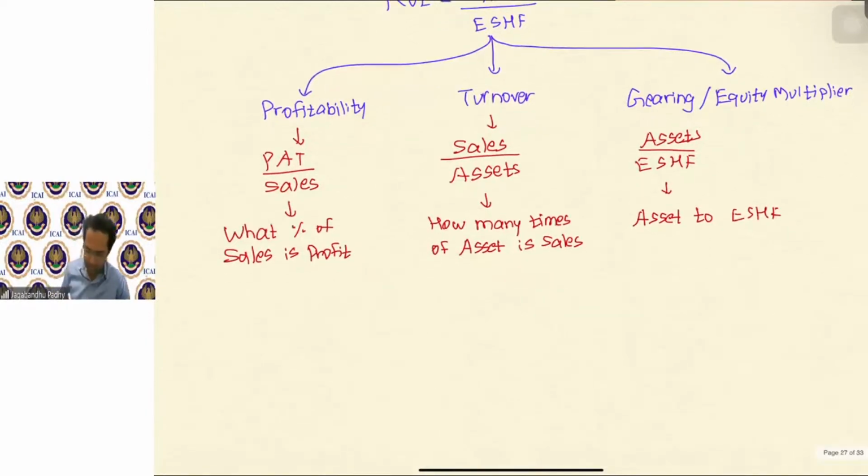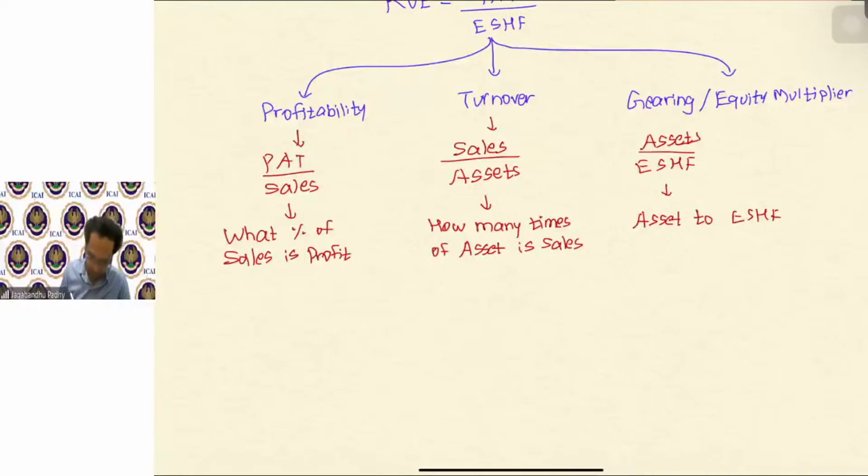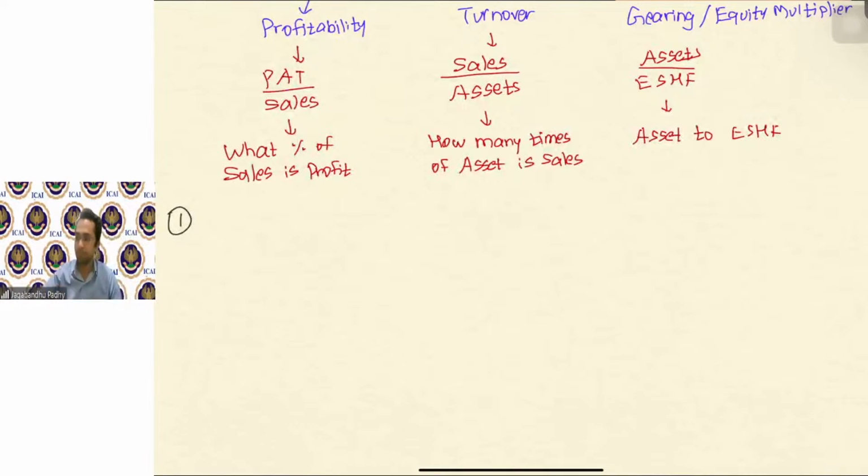Now, let's look at an example. There is a company which has a profitability margin, or PAT, of, let's say, 10%. Its turnover is two times, because sales upon assets is two times.